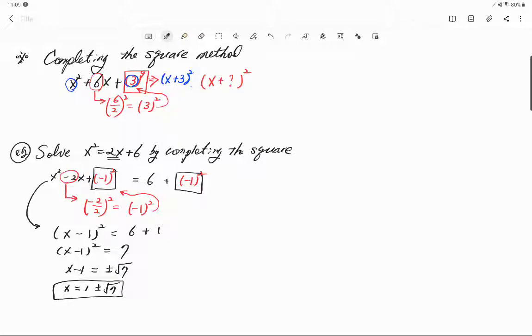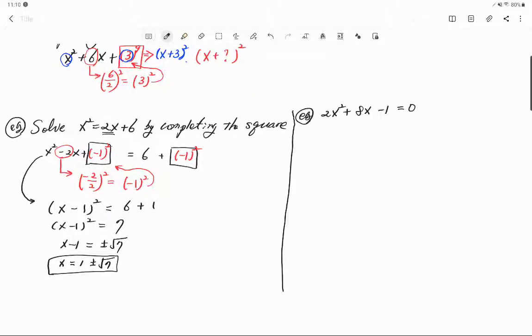For this example, what we need is the x squared and x terms on one side. So why don't we move -1 to the right? So we can write 2x squared plus 8x and give a space over here because we're going to add a number, and the -1 goes to the right.